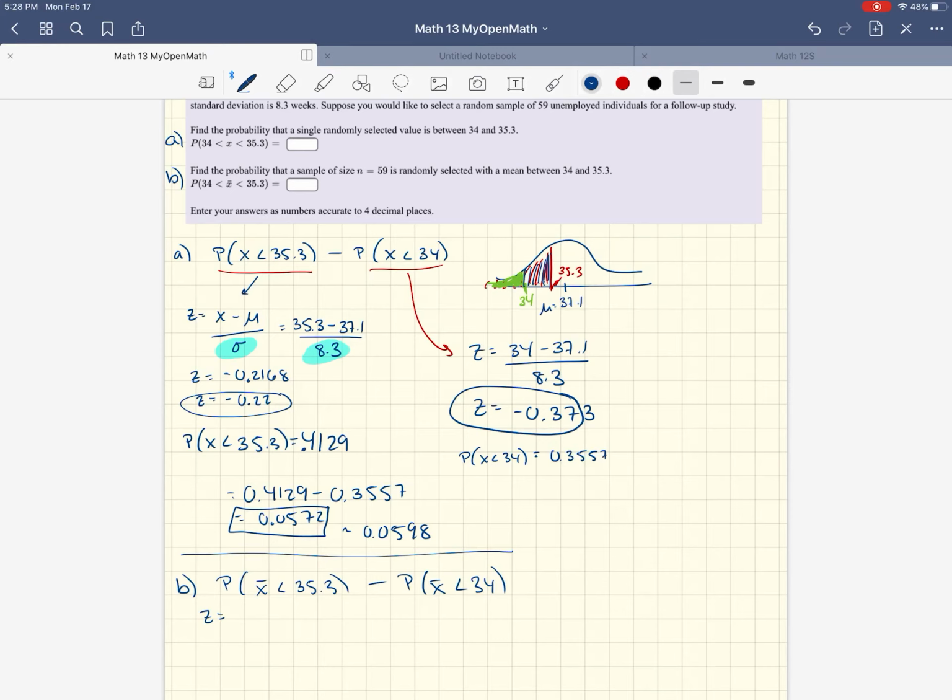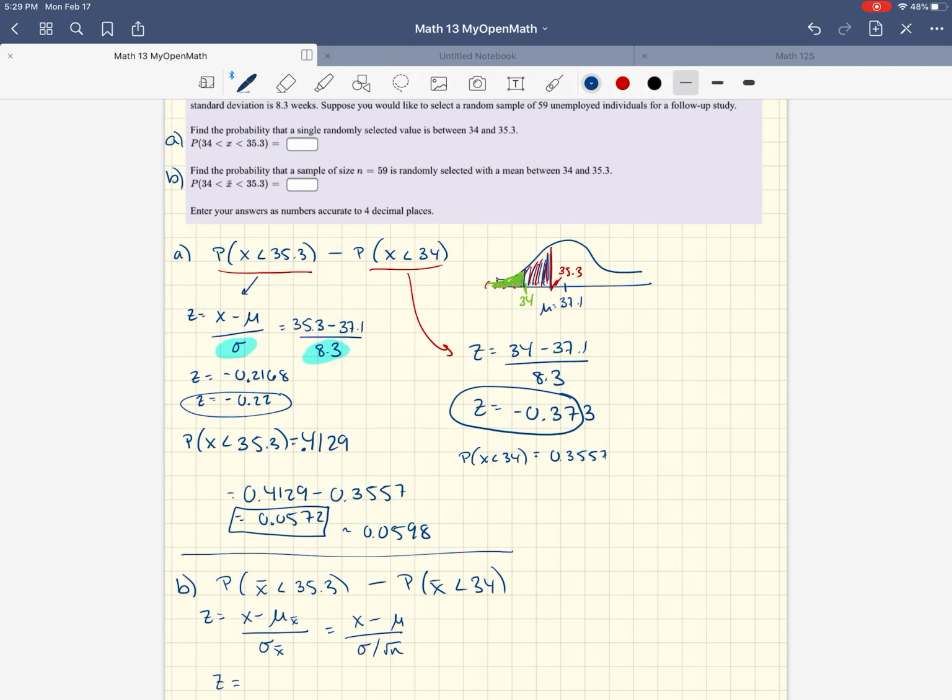When we calculate our z-scores, we're going to do x minus mu sub x bar; remember, the sample mean is equivalent to the population mean. And sigma sub x bar is equal to sigma divided by the square root of n.